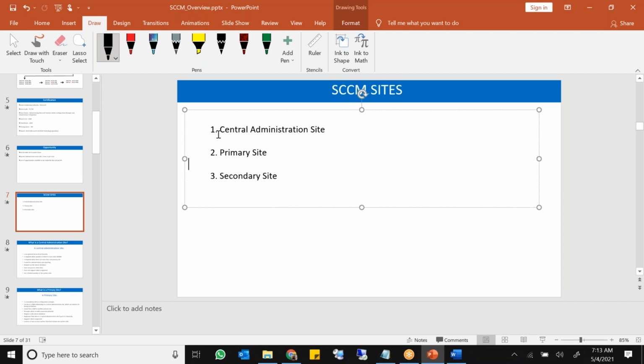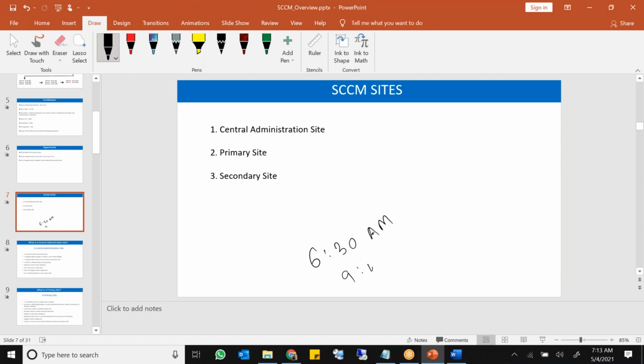From tomorrow onwards, the session will start at 6:30 a.m. India time, as I mentioned earlier, which is 9 p.m. US EST time.